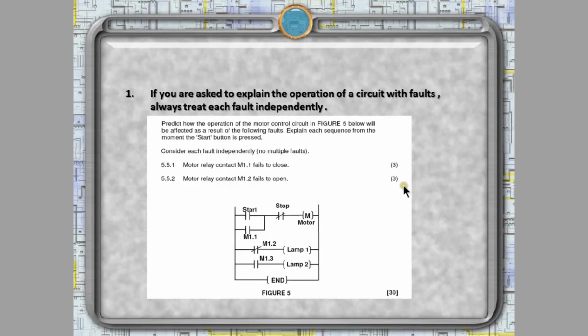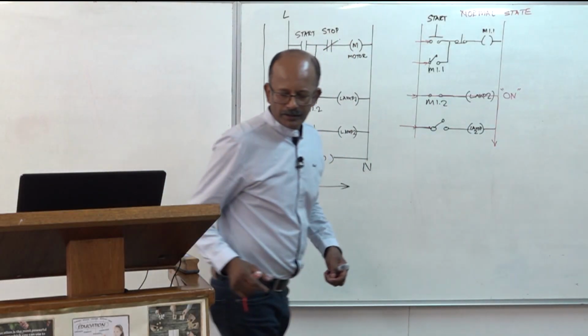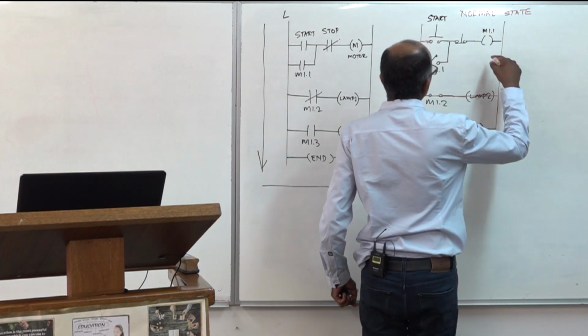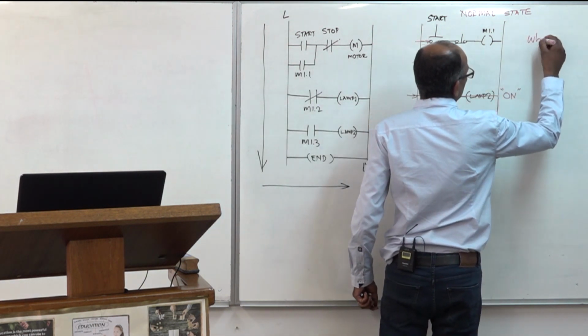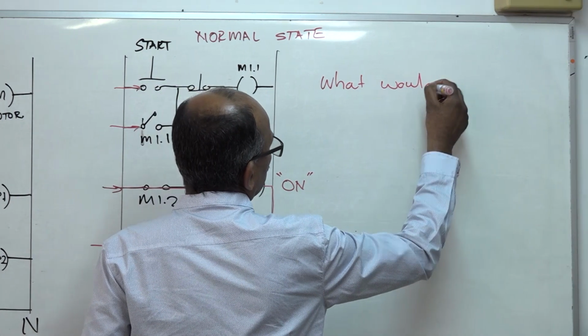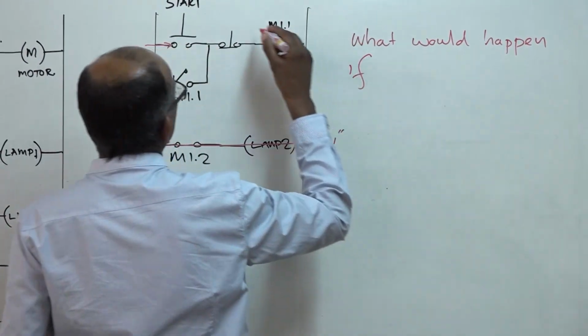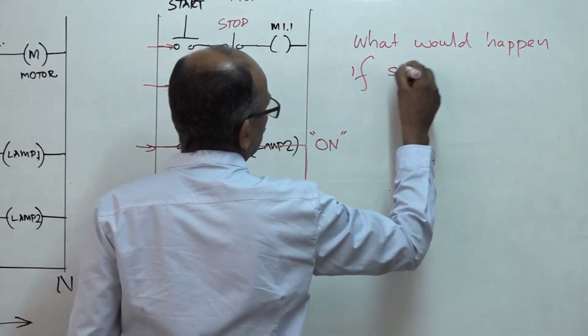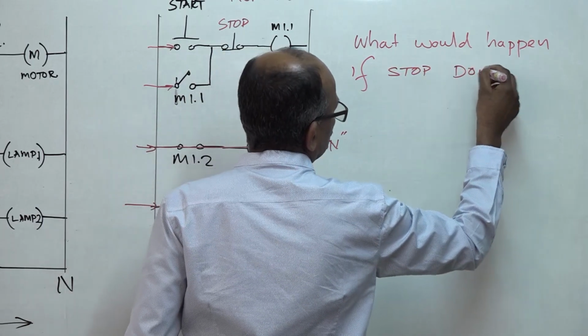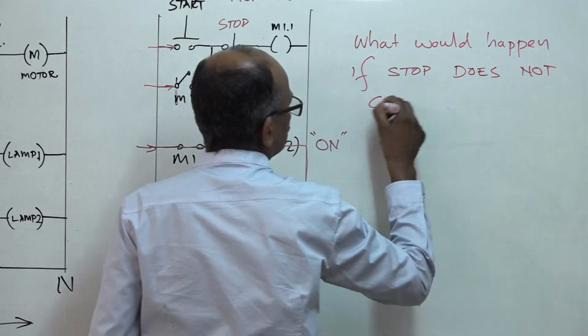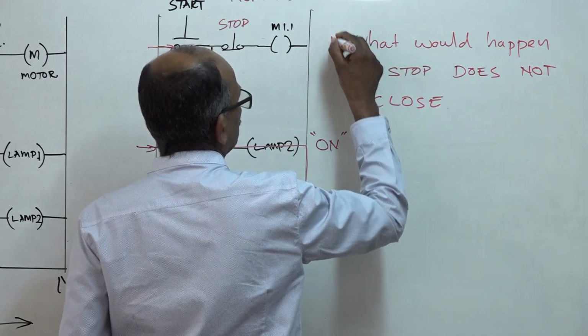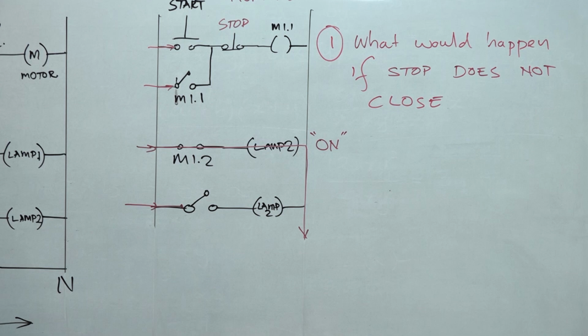The third thing to look at is if you're asked to explain a circuit with faults. So let's just say they ask you to explain the circuit here, and we'll leave the same one, it's fine. Okay, what would happen if the stop button does not close?